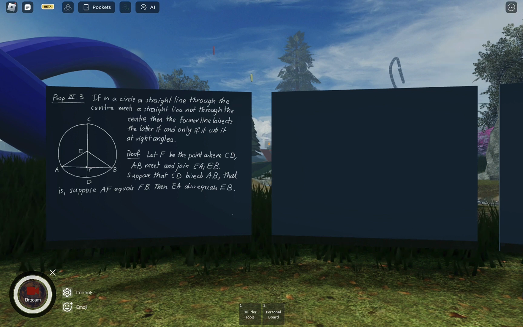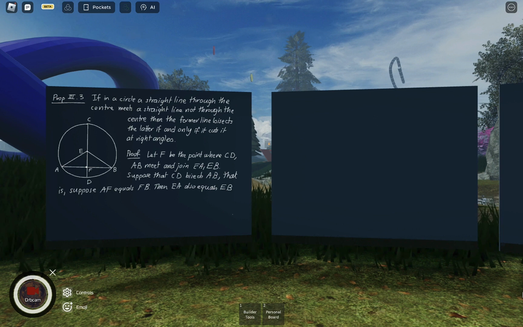So if we pay attention to these two triangles, they have two sides equal by what I just said. That is equal to that, and that is equal to that. And the base is equal in both cases, right?